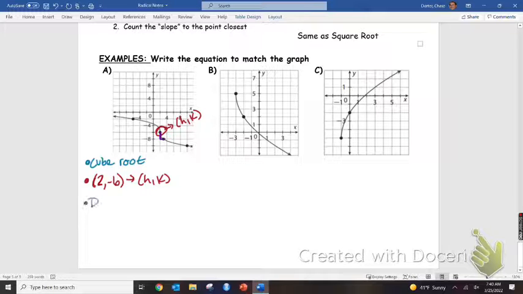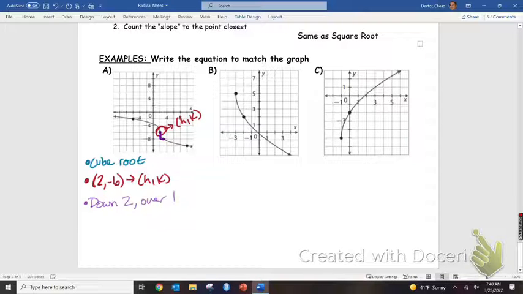So then it goes down 2 over 1, and I'm going to use all this in just a second. Okay, so it's a cube root graph. 2, -6 is the inflection point, or the h, k, and it goes down 2 over 1.